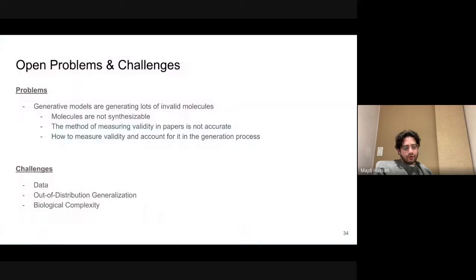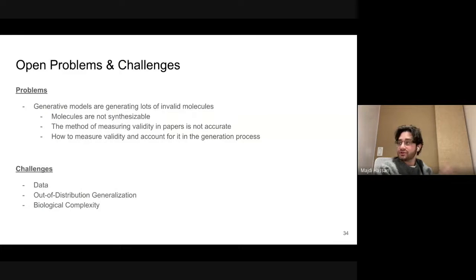And then finally, we're going to go over the open problems and challenges. Essentially, these are mostly centered around generative modeling, but there's other stuff as well. For generative models, for example, I think we need to rethink a lot of things about how we evaluate these molecules. For example, there's this metric called validity, but it doesn't really measure if these are valid molecules from these generative models.